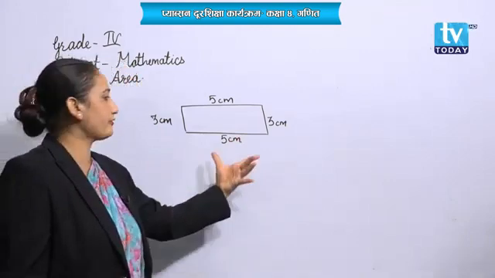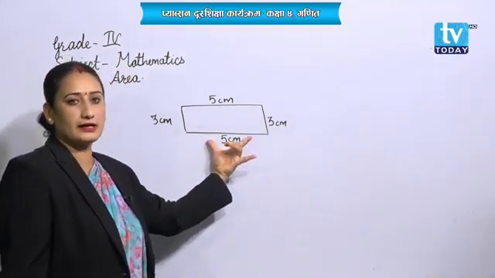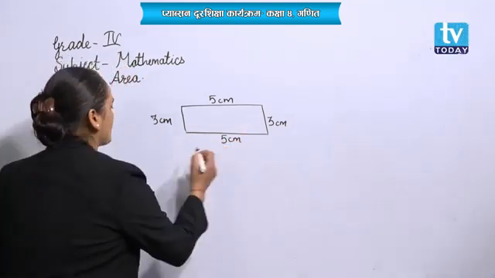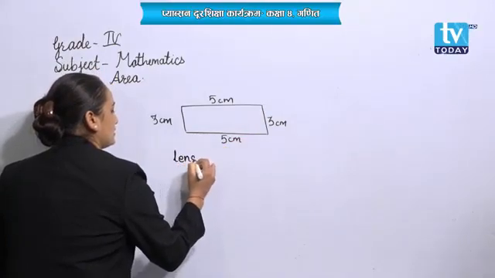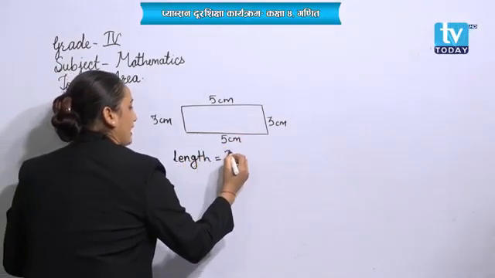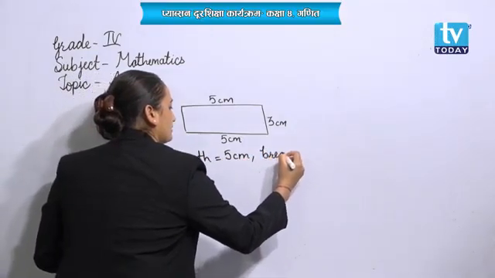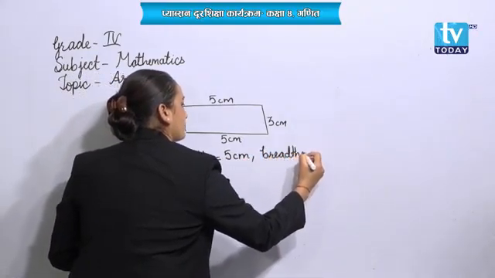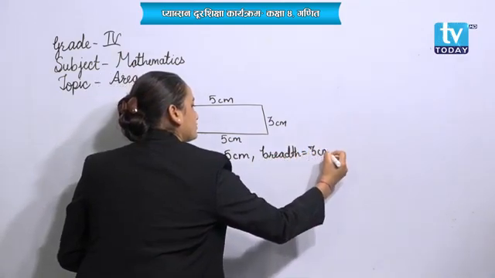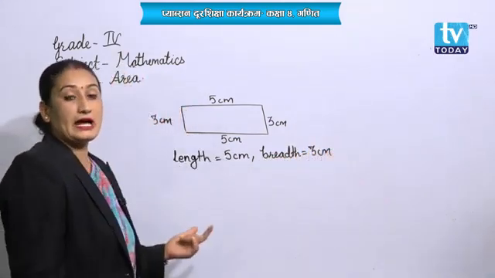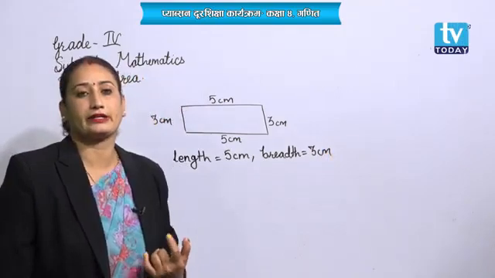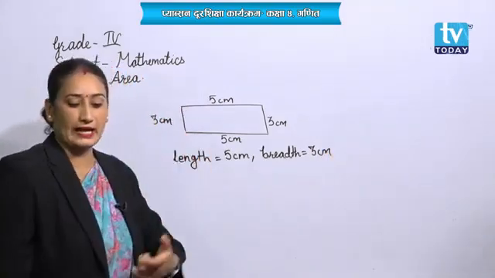You have to identify which side is longer in length. So I am going to write here: length is given as 5 cm and breadth is given as 3 cm. Now you have to find the area of this rectangle.